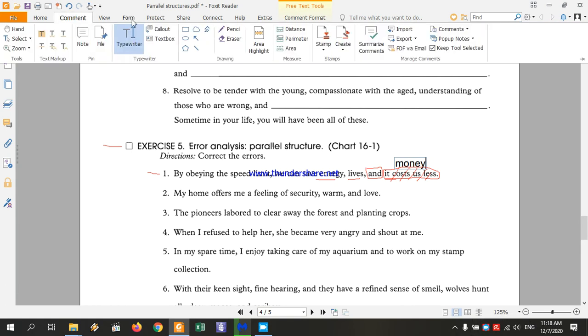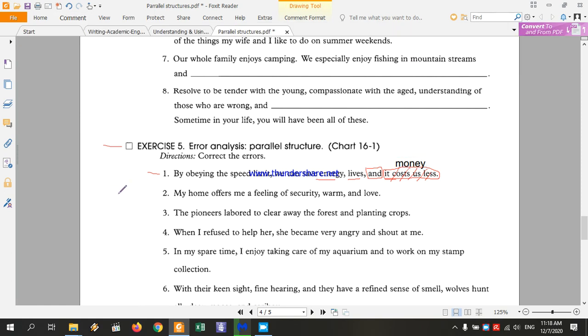Number 2: My home offers me a feeling of security, warmth, and love. Here's our and. We need to locate it first. So what comes before and? We have security, which is a noun. We have warm, which is an adjective.